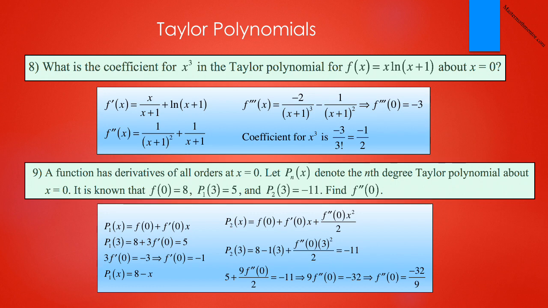So 5 plus 9 f double prime of 0 over 2 equals negative 11, meaning that 9 f double prime of 0 equals negative 32, and f double prime of 0 is equal to negative 32/9. Problems like 8 and 9 show up on the AP exam quite a bit in the multiple choice section.